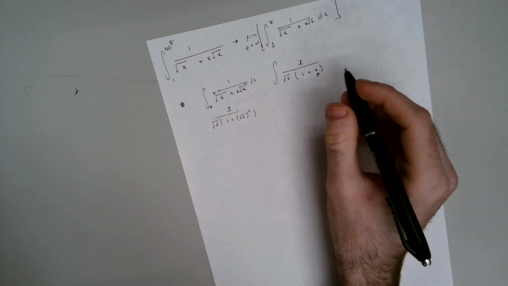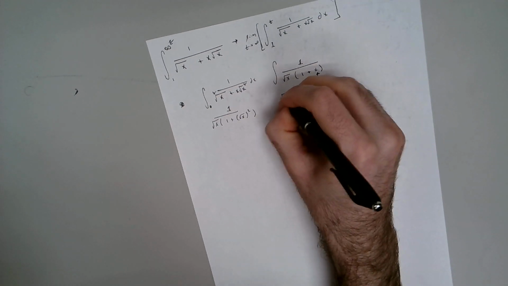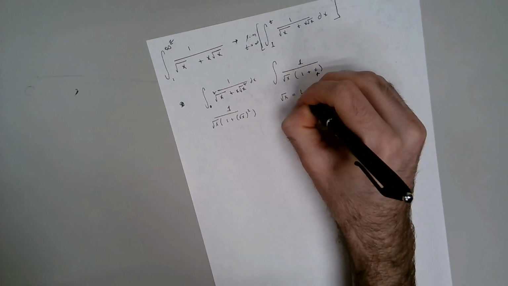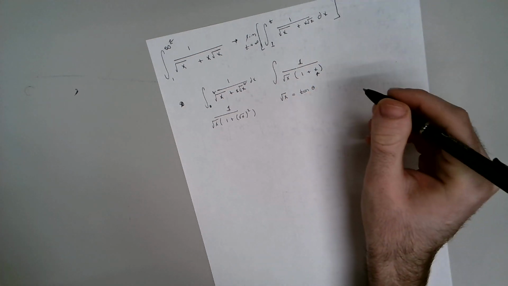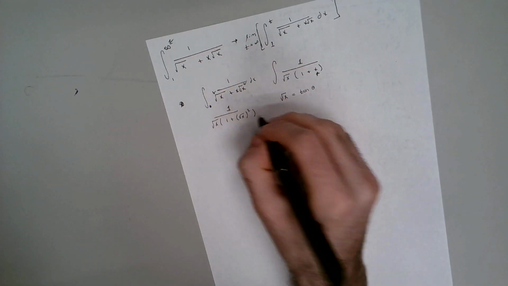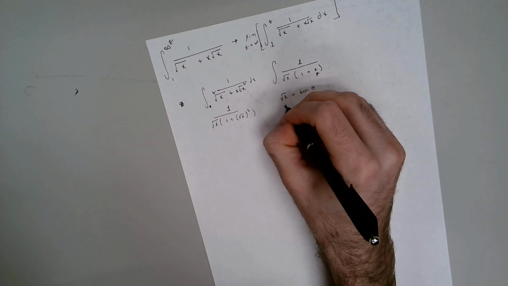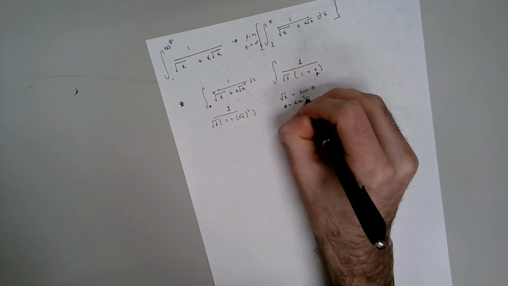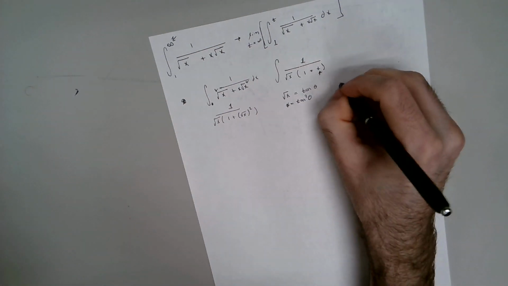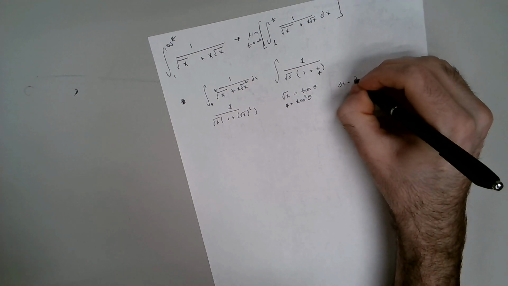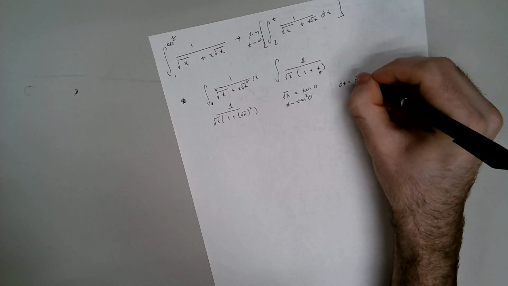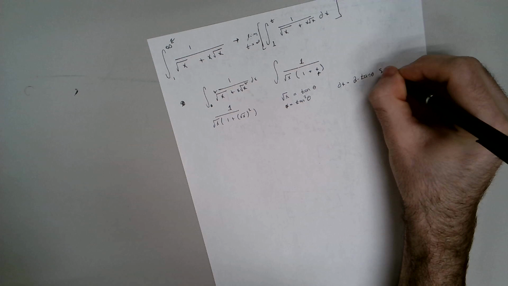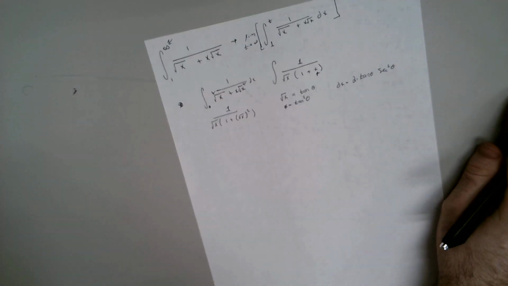And in fact, if we make the substitution, the square root of x is equal to tangent theta, then we're going to have a tangent here. Then x is equal to tangent squared theta, and dx is going to be equal to 2 times tangent theta secant squared theta d theta.